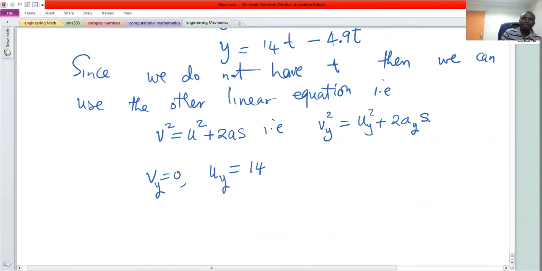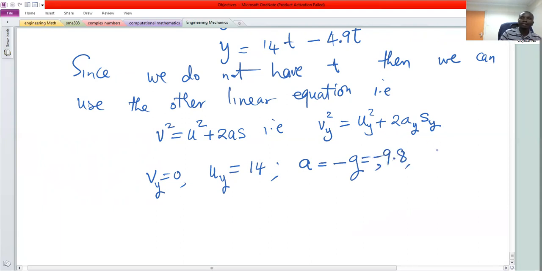Actually, this s is the vertical displacement, so I can just call it sy. And then a, remember a is the same as negative g, because the object is moving upwards, yet gravity is acting downwards, so this is negative g, which is the same as negative 9.8.